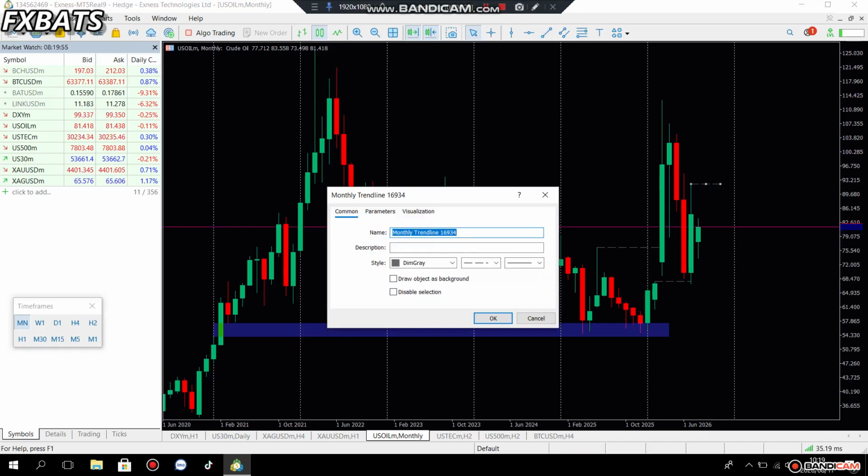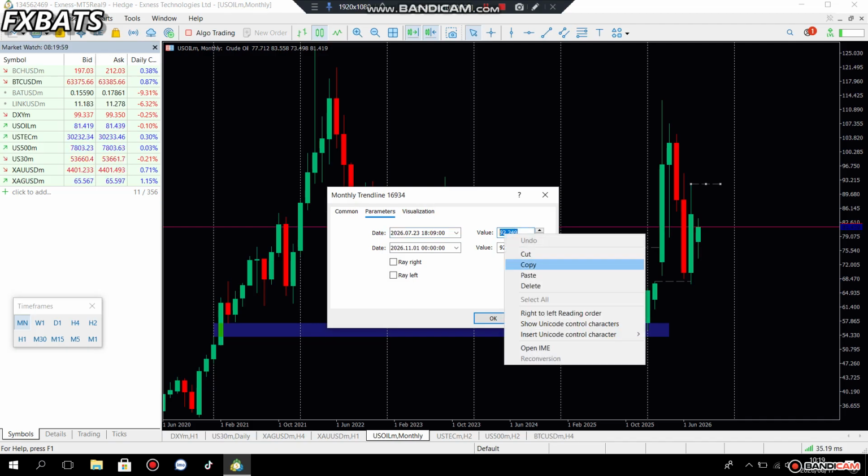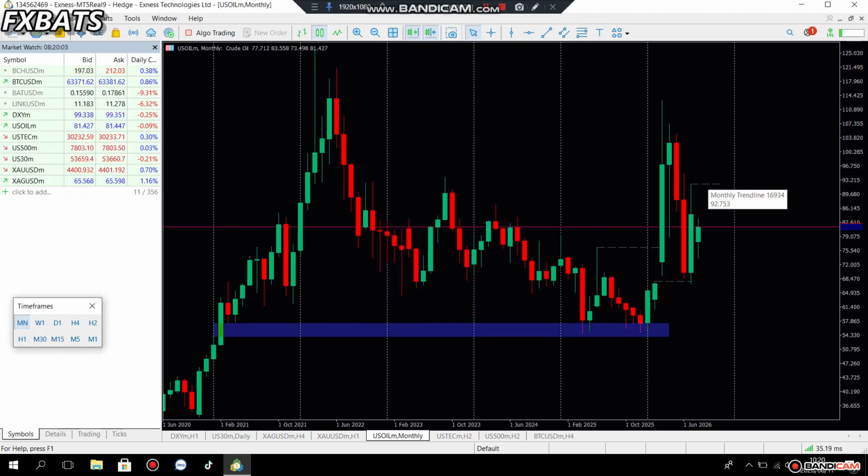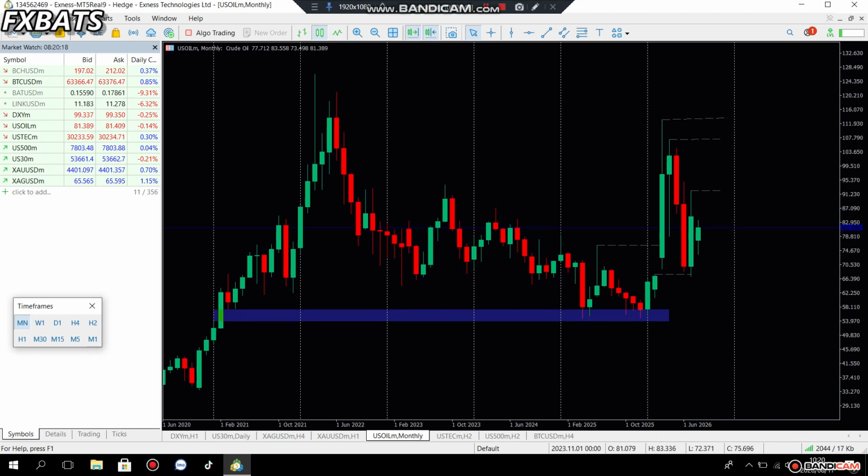This is what my draw on liquidity would look like. Previous monthly high, this should be my draw on liquidity on US oil. Ultimately, we shall also keep taking out all these highs. This is the buy side and sell side liquidity that we have. Then lastly, we shall see if we'll be taking out that all-time high.